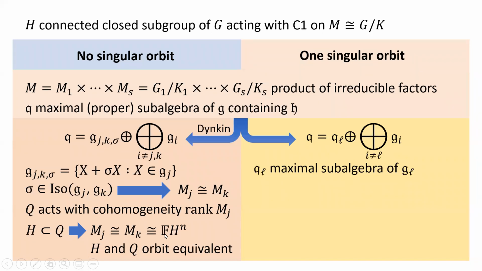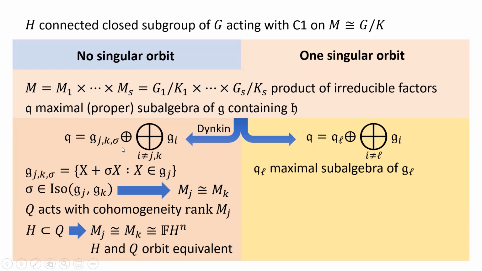This means that these are hyperbolic spaces over some division algebra F. Okay, and we knew that they were homothetic. And the actions of H and Q are orbit equivalent. So this case is understood. So up to orbit equivalence, the actions are those of groups Q with these Lie algebras.